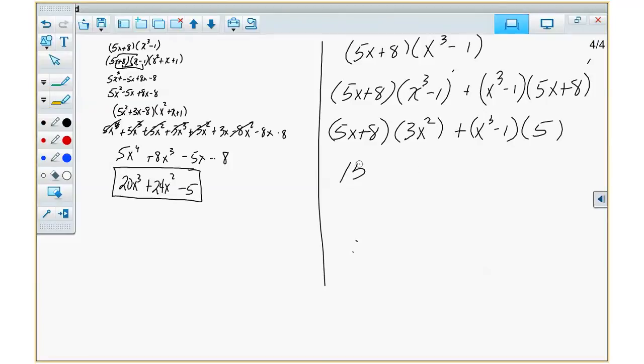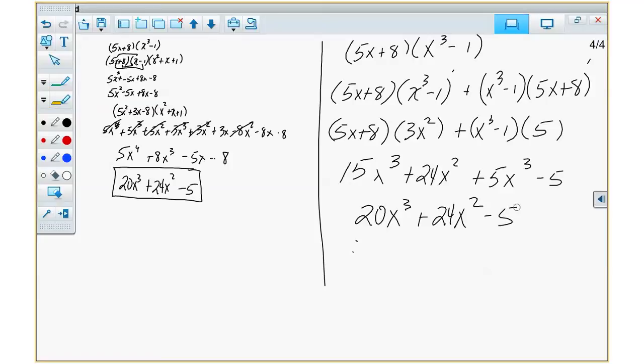15x to the third plus 24x squared plus 5x cubed minus 5. And now those 5x cubes will give us 20x cubed plus 24x squared minus 5.